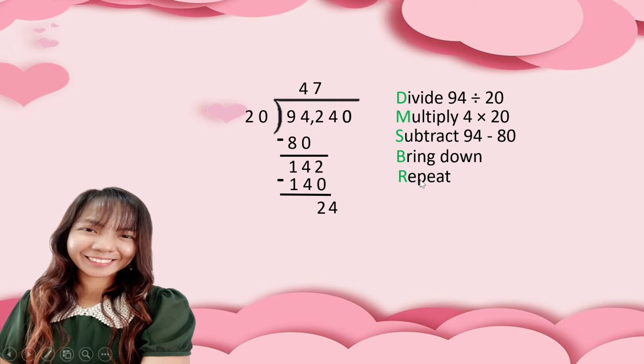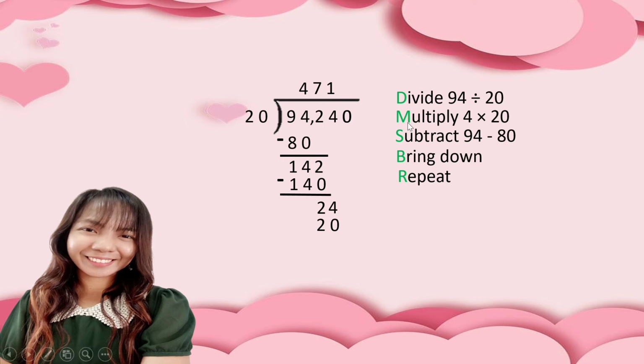After you bring down, repeat. Repeat the process. So 24 divided by 20. So there is only 1 twenty in 24. Okay? So after you divide, multiply. So 1 times 20. The answer is 20.